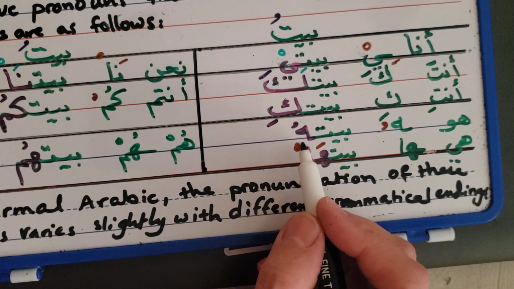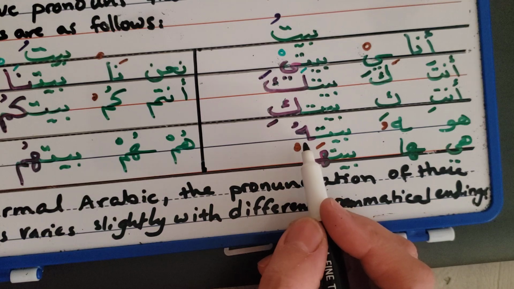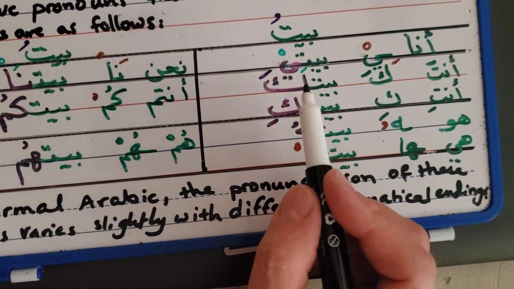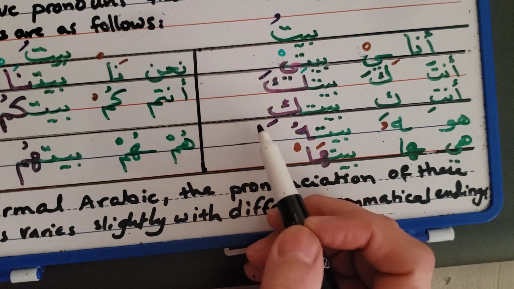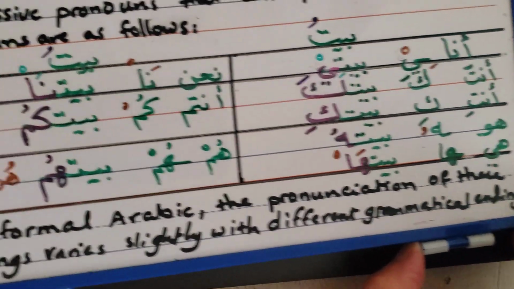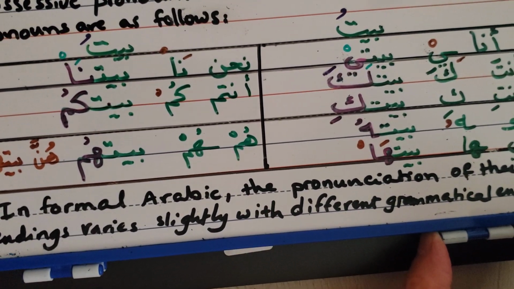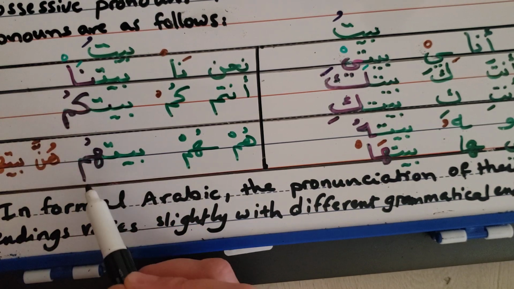B2 is kind of a sharper oo, like instead of o, beto, they go oo, B2. Like instead of beti, my house, they go biti, and things like that. So bitna, bitkum, bithum. This is for the North African, whereas betna, betkum, bethum.